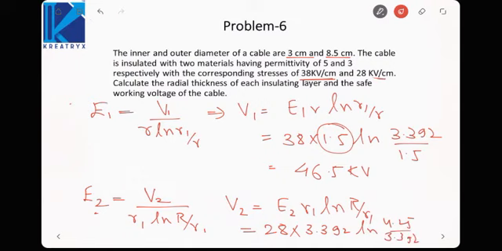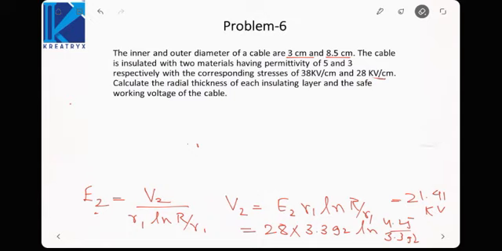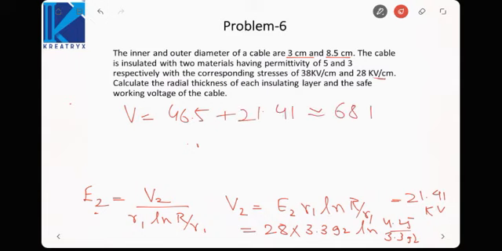How much will this come out to be? It will be 21.41 kV. Now the safe working voltage will be the total voltage, that is 46.5 plus 21.41, so this will be almost 68 kV. This will be the safe working voltage of the cable.